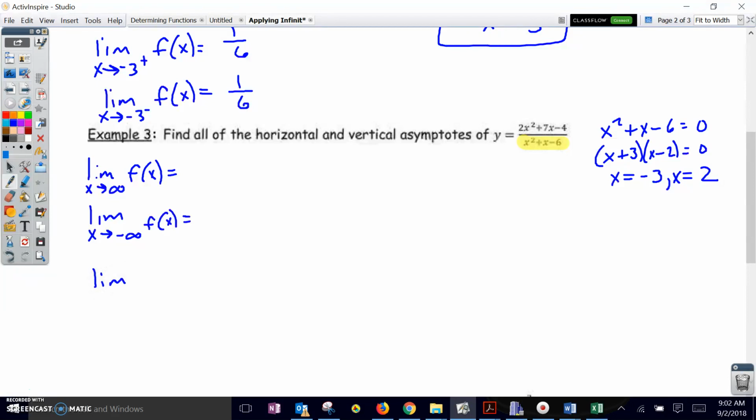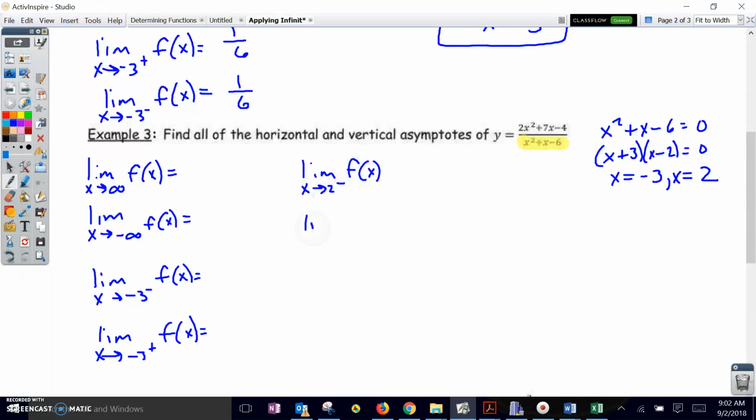So we want the limit as x goes to negative 3 from the left, and the limit as x goes to negative 3 from the right, and the limit as x goes to 2 from the left, and the limit as x goes to 2 from the right. Once we've found all those limits, we'll know what all the vertical and horizontal asymptotes are.